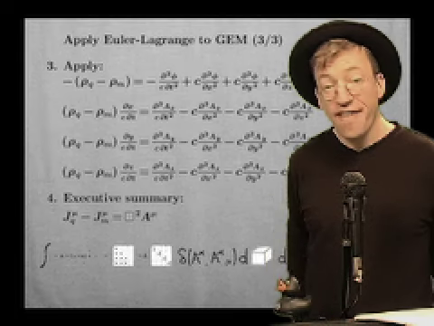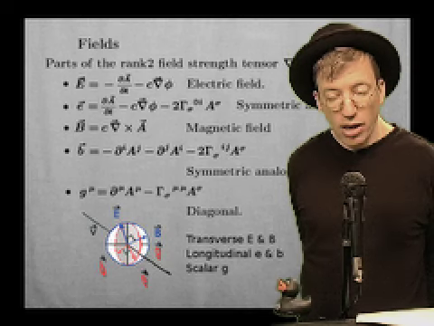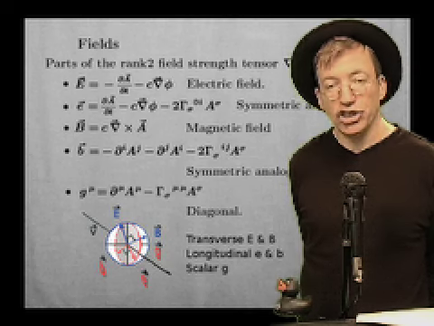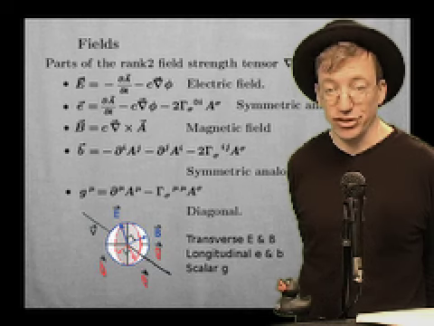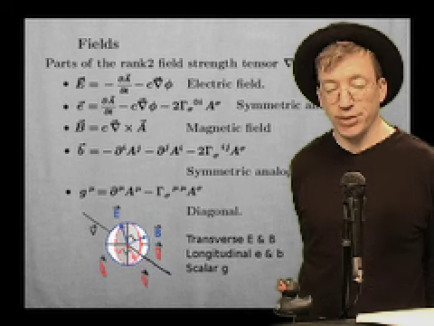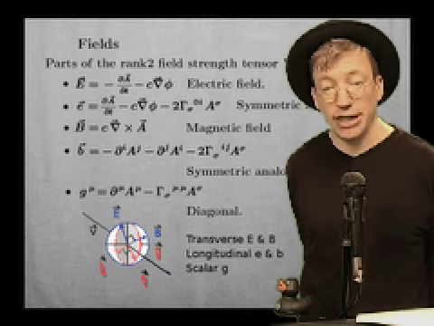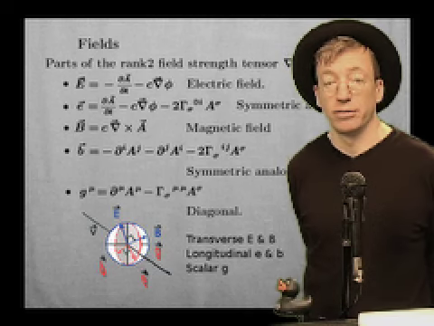What are fields? Fields are how potentials change. It's that second rank tensor. It's the derivative of the potential. It's an asymmetric tensor. But we're going to divide it into a bunch of different parts.